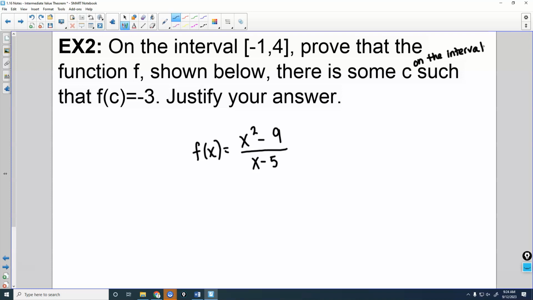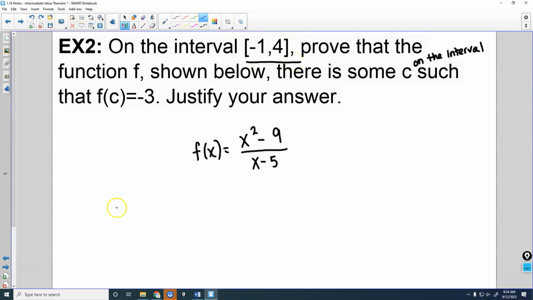All right, first of all, I have got to talk about continuity. If this is not continuous from -1 to 4, I can't do it. Does this function have any discontinuities? It has one. It's at 5. Is that between -1 and 4?